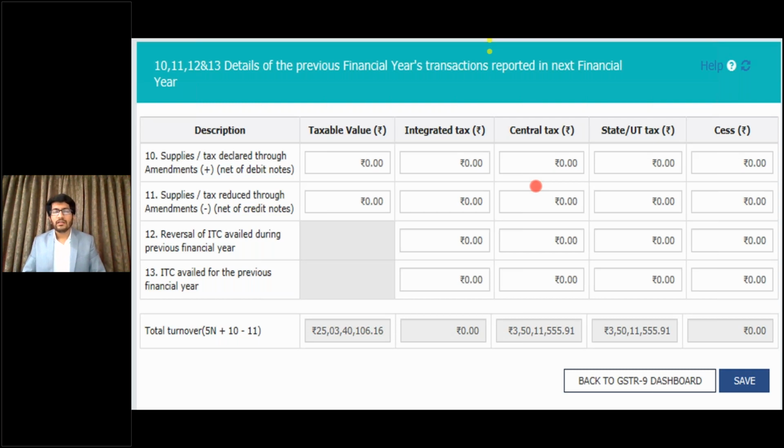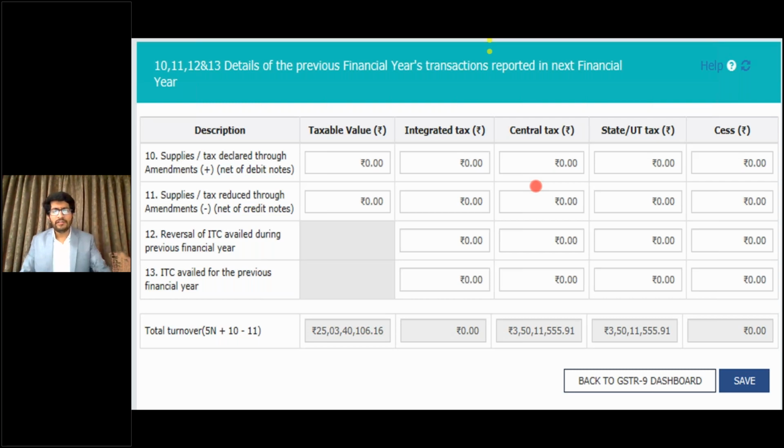As I said, tax payable in table 9 would not include those transactions on which tax is paid in next year because GSTR 9C picks amount of table 9 plus 10 minus 11.